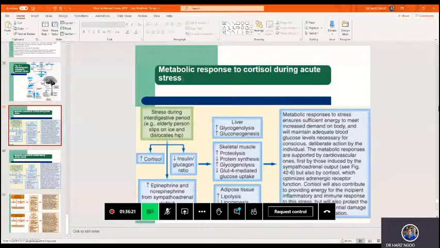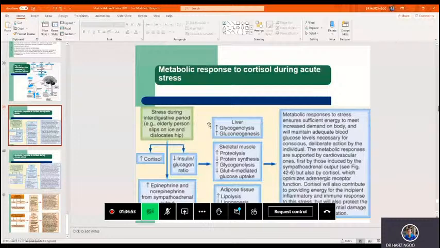But usually our body system will try to regulate back the anomalies that happen. So during just normal walking, you have a reduction in glucose level because you use up the glucose. That will be a response to increase cortisol secretion. When cortisol level increases, it affects your liver to produce more glucose through glycogenolysis and also gluconeogenesis during acute stress.